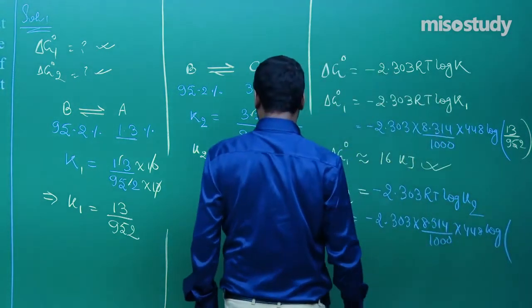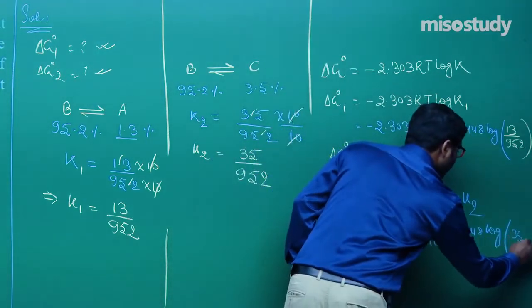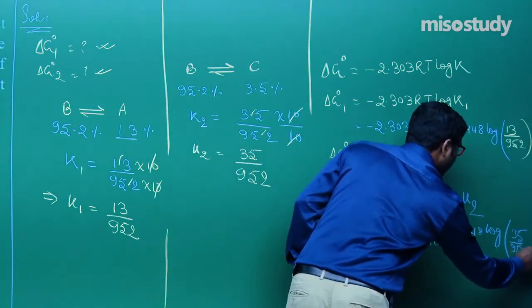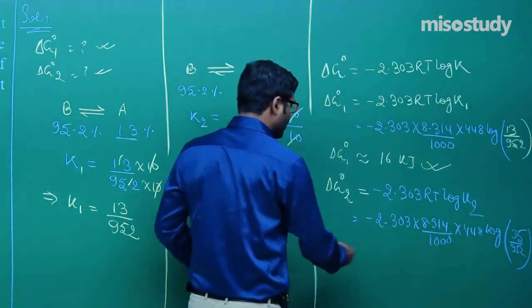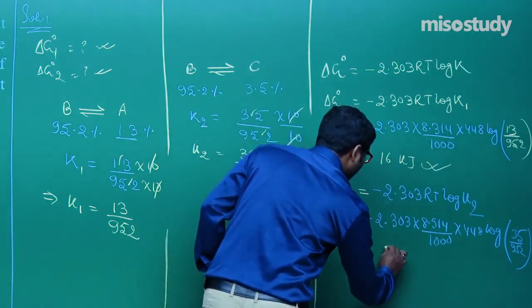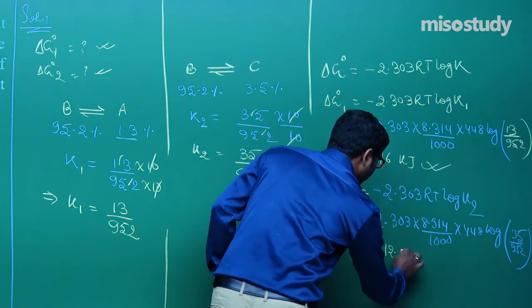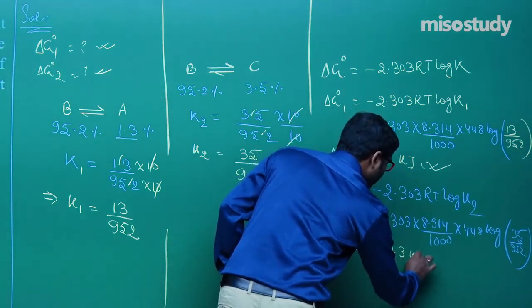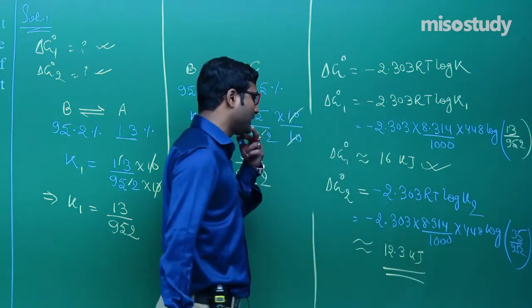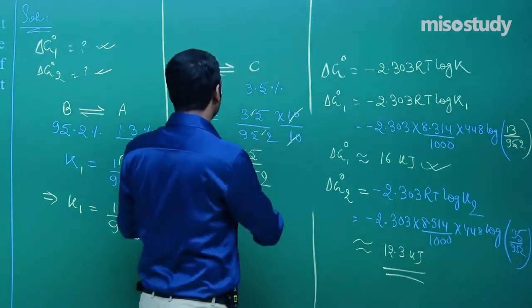What is the value of K2? K2 is 35 upon 952. Now after solving we get the answer around 12.3 kilojoule. Clear to you? This is the option. So it's very simple.